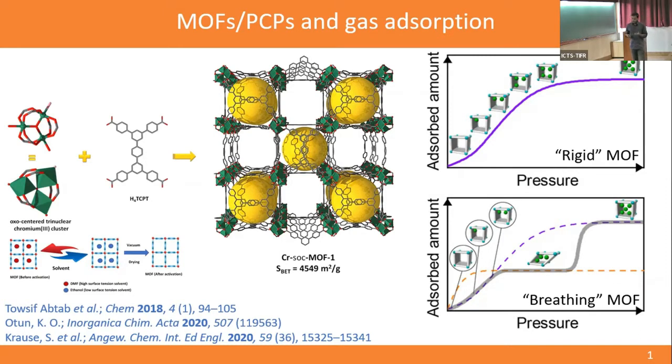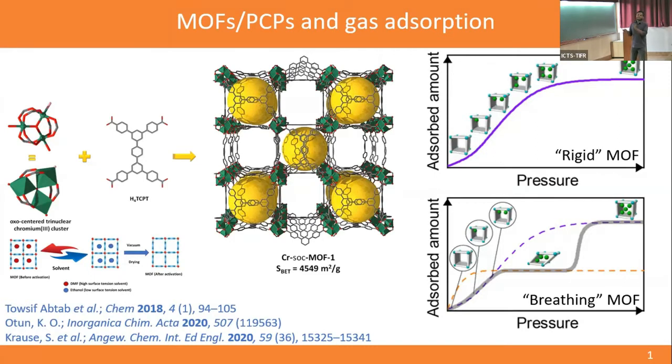But in some cases, especially in some MOFs, the structure actually is affected by the presence of gas molecules. Some among them, during the process of adsorption, swell up as a whole. Because of this, a new feature comes into the adsorption isotherm, which is called a step.